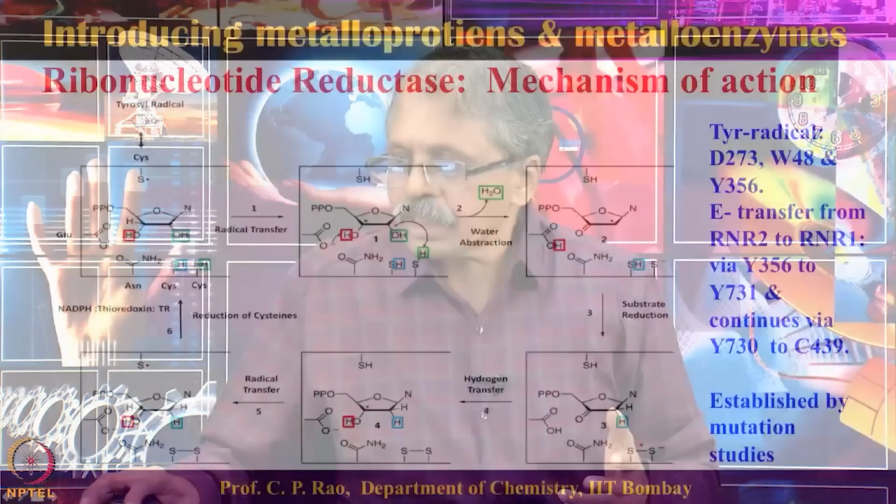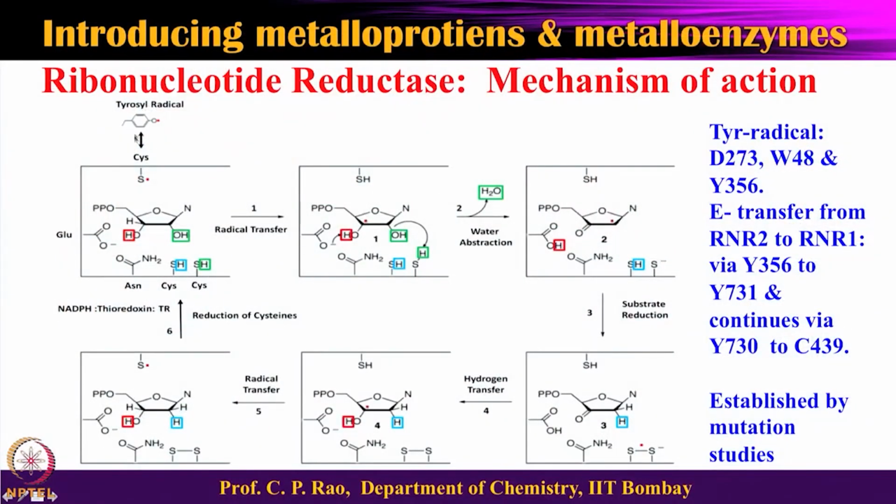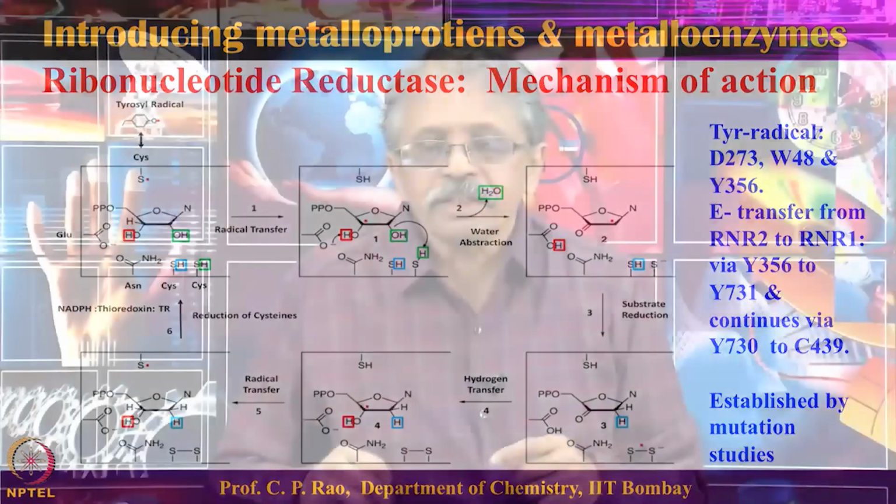So, here we can call it a catalytic center or inducing center, and that will induce the radical into this particular sulfhydryl function cysteine, which is transferred to the C3 prime, converted to the C2 prime, and then picks up a hydrogen and the release of this forms this SS, semi-oxidized to the fully oxidized form, and this disulfide which is formed is further reduced back to the sulfhydryl by the thioredoxin process. See, a very nice kind of ribonucleotide reductase.